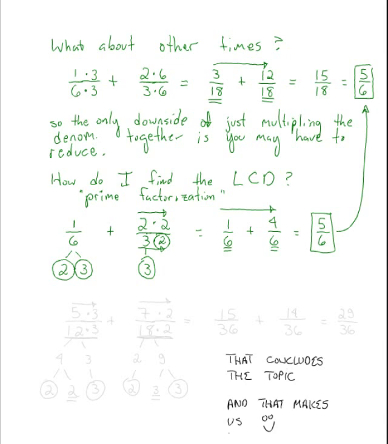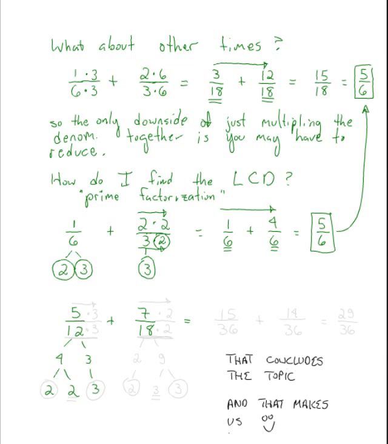You know, if you were looking at something like 5/12 plus 7/18, and you were trying to add those two fractions together, then the prime factorization of 12 is going to be 4 times 3, and 4 breaks down into 2 times 2 times 3. So there's its prime factorization.